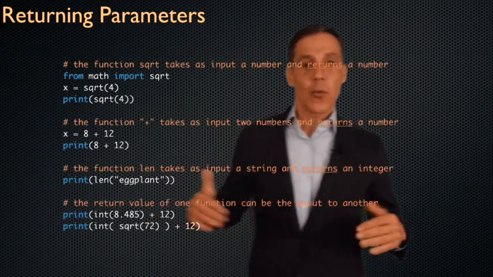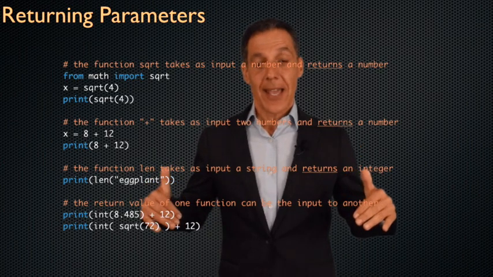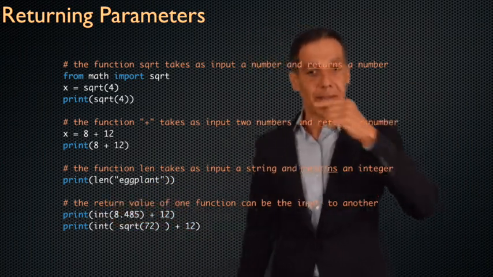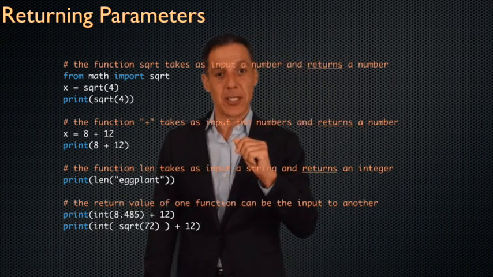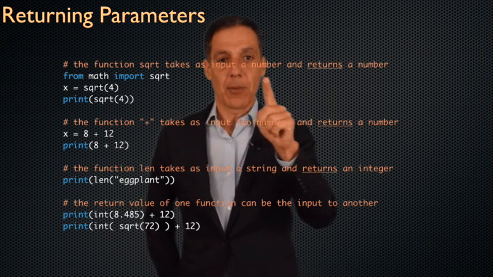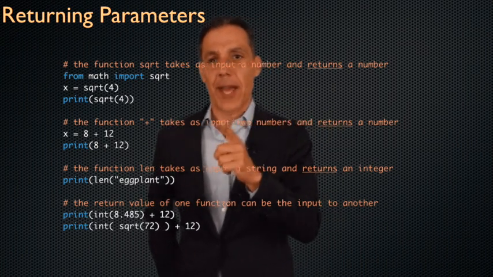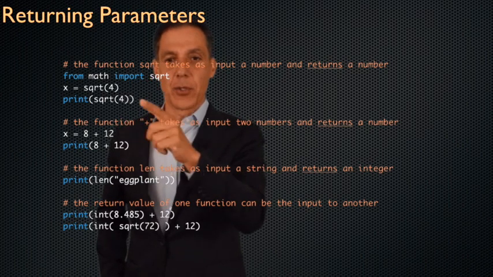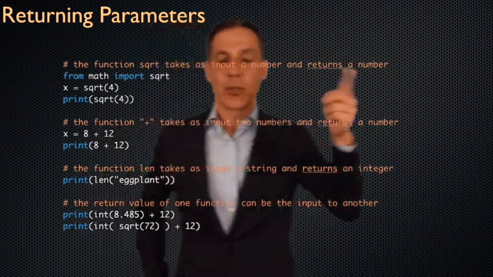We've seen return actually since day one. Let's go ahead and see where we've seen it. It hasn't been explicit, but it's been there. The function square root takes as input a number and returns a number. How do I know that? When I import from math the function square root, I then can say square root of 4.